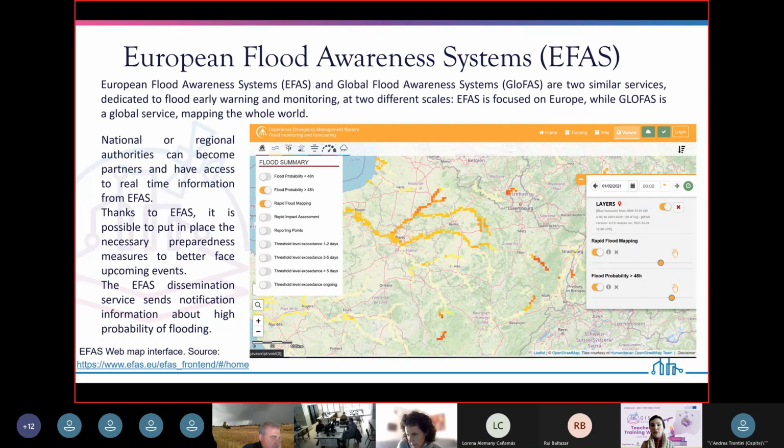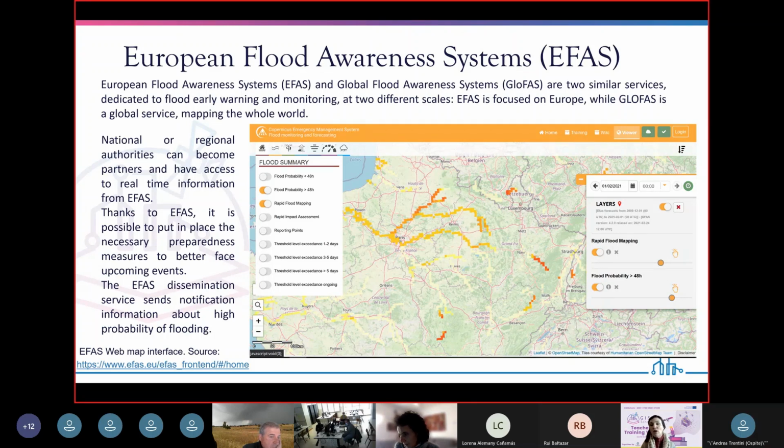And this is a service that you as a common user cannot see, but which is available to certain authorized users. But what we can see as common citizens, if we access the platform, is anyway what is happening now, which warnings are active at this moment.